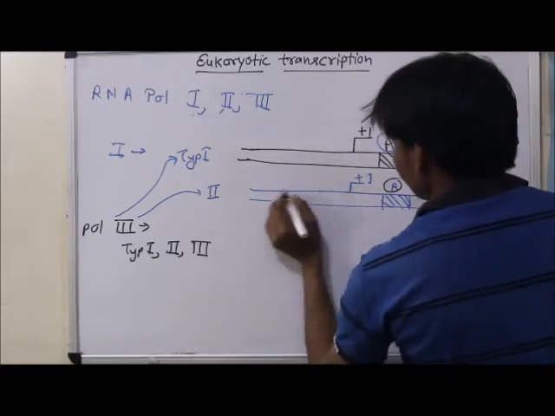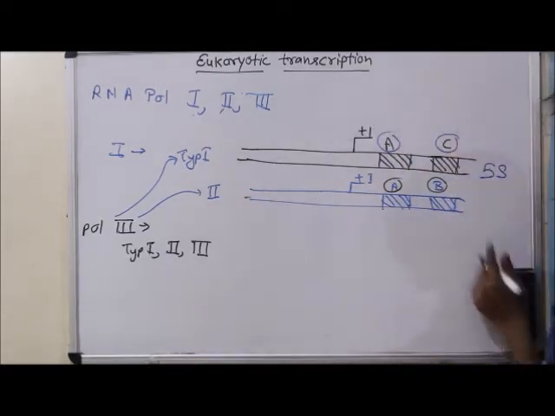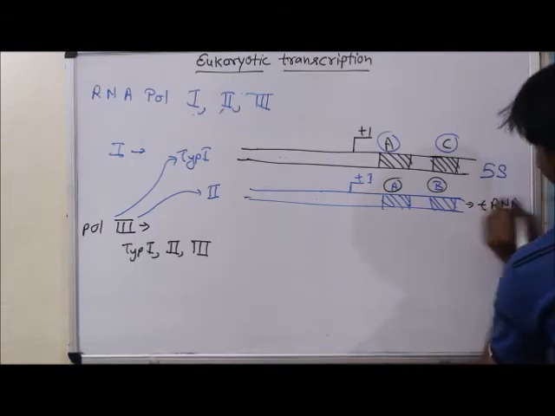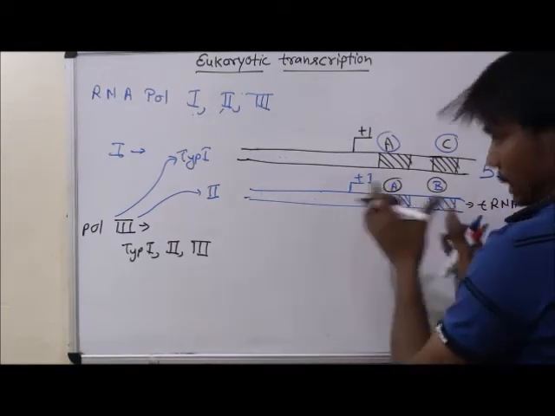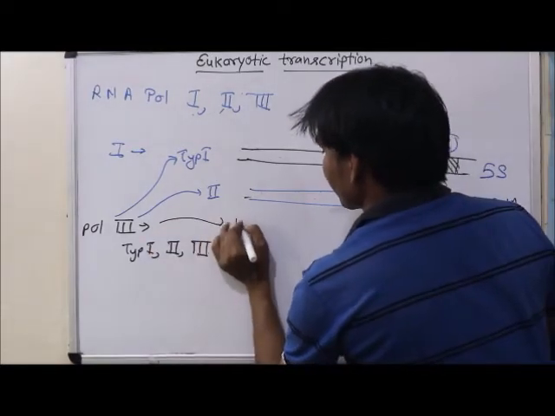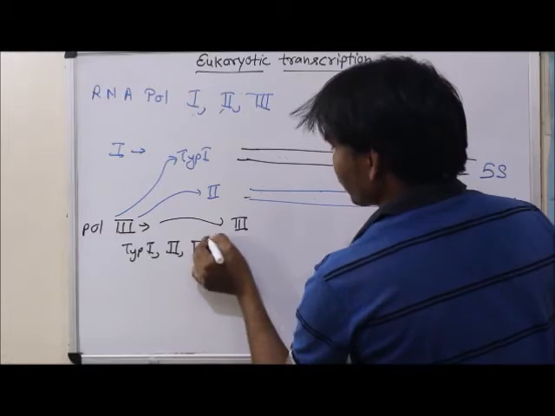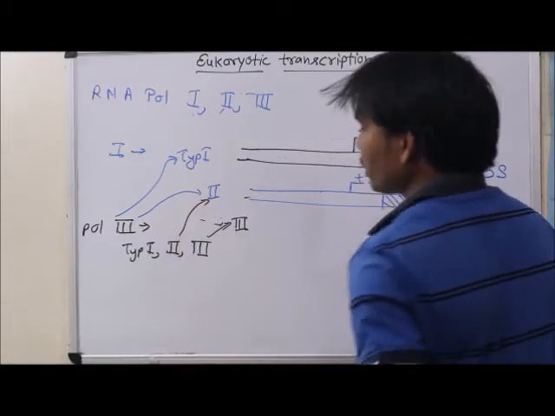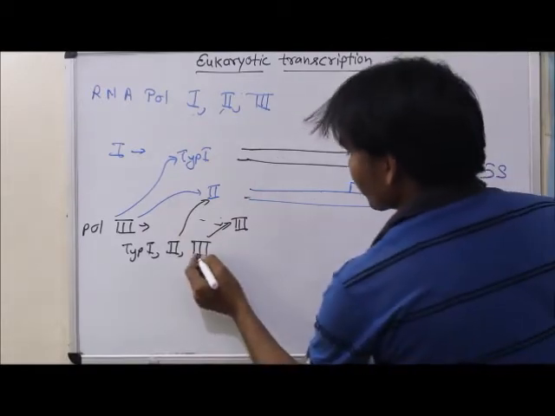From the start site, this is the DNA sequence that's transcribed to tRNAs. This was the type second promoter, and another is the type third promoter.